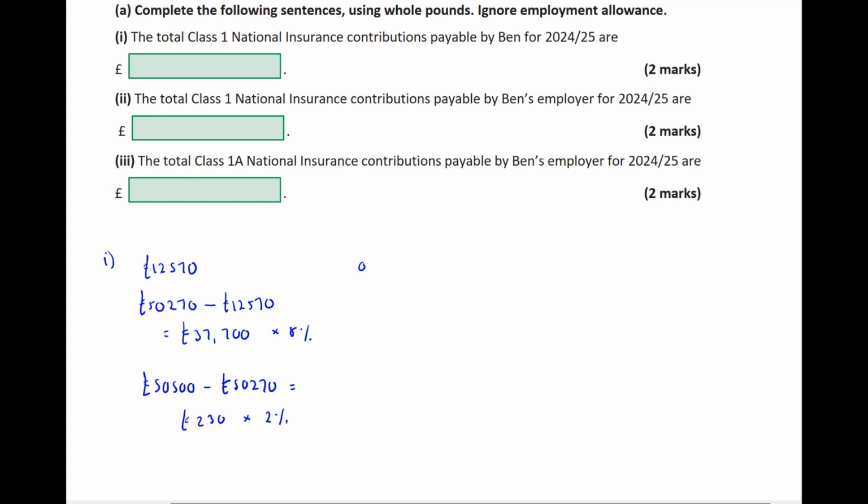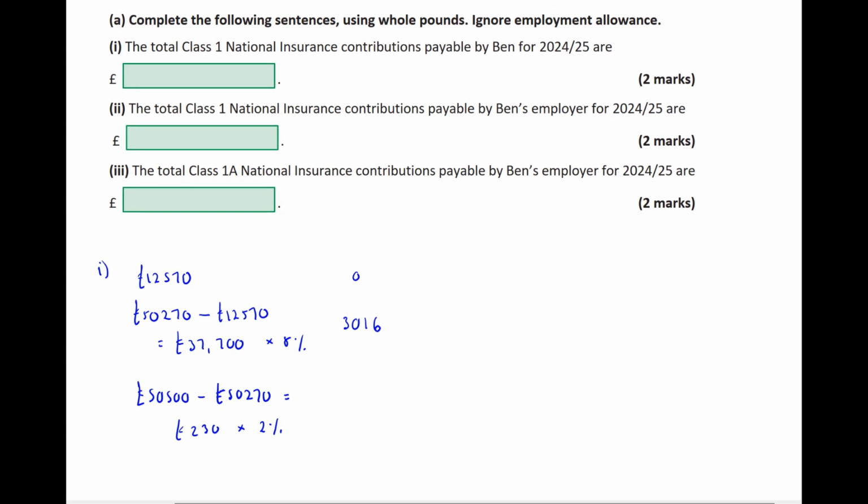So now it's a case of working through the calculations. You've worked out how much of his salary falls into each of these bandings. So we just need to work out the national insurance that will be payable. We've got to use whole pounds, and we need to ignore the employment allowance.